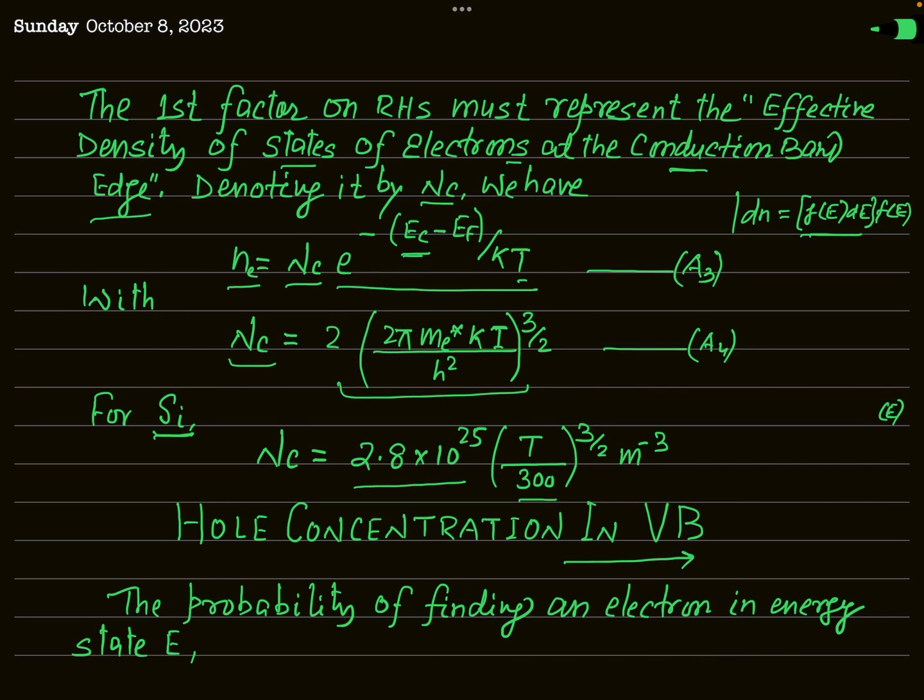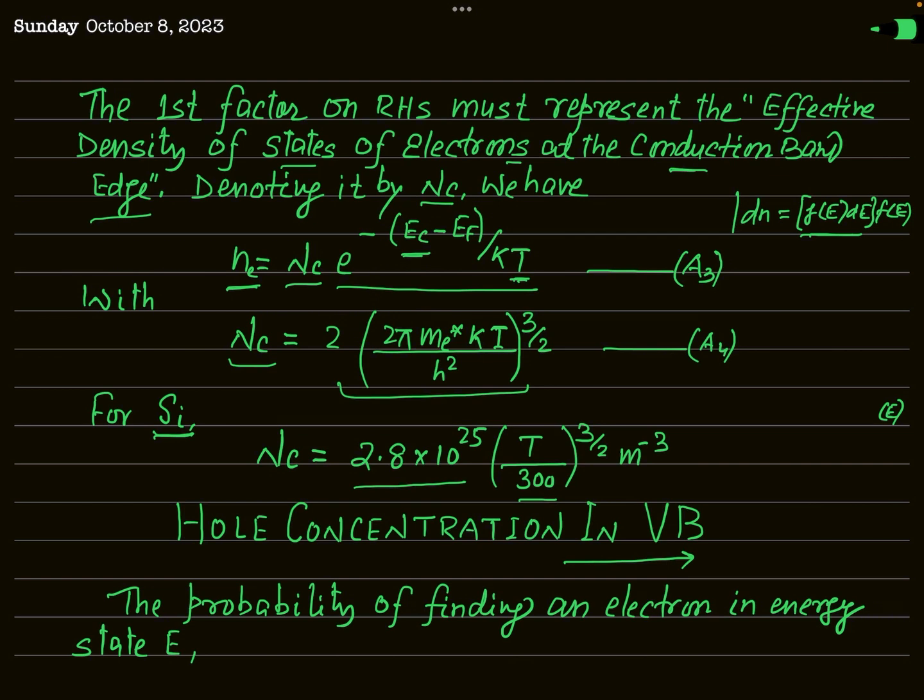In this way you have seen how, applying the ideas of Fermi-Dirac statistics, we can easily obtain the expression for the concentration of electrons. You can see this concentration actually depends on the temperature T. With a rise in temperature, the concentration of electrons increases exponentially.